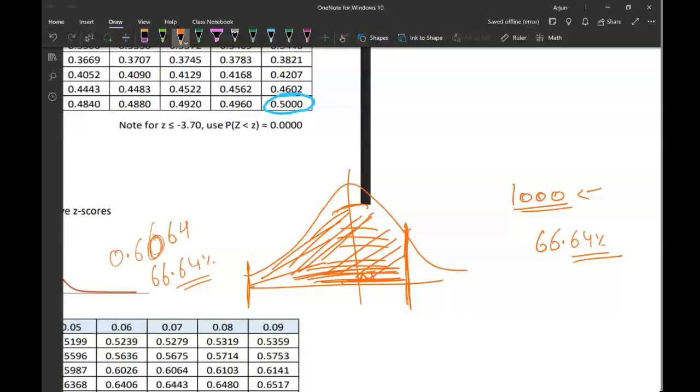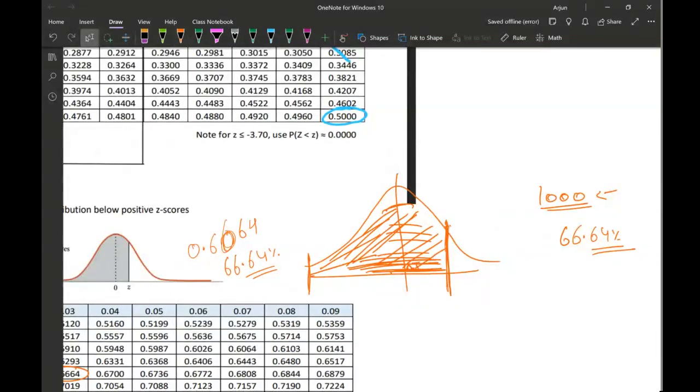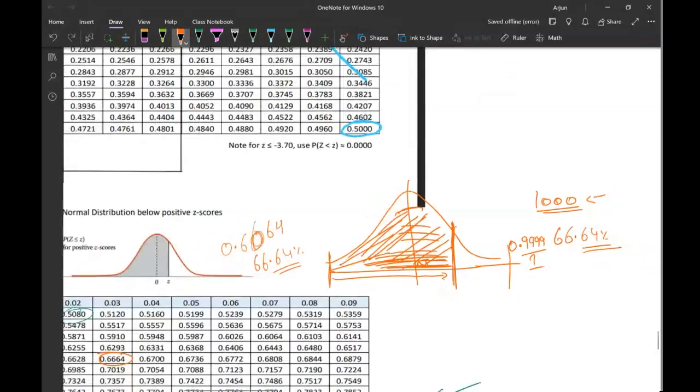Okay, that's what it means. Now, that was about the probability. So remember this thing, it always starts from the zero, goes in this direction, and the final probability they've taken it as 0.9999, which approximately equals 1, but they don't put it as 1 because there are some outliers always. Okay, so that was about the probability.